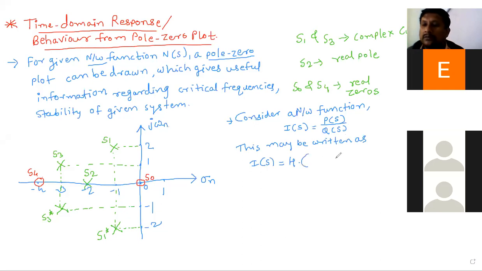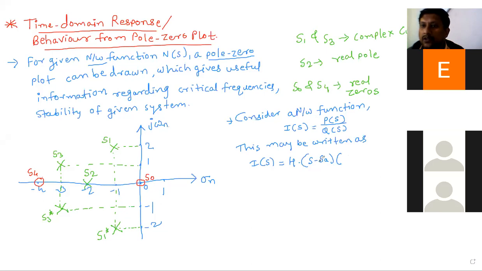Now after factorization of the P of S polynomial, we get factors S minus SA. Earlier we had taken S1, S2, S3 up to Sn, and in the denominator S minus S1 for the poles, in the previous part.